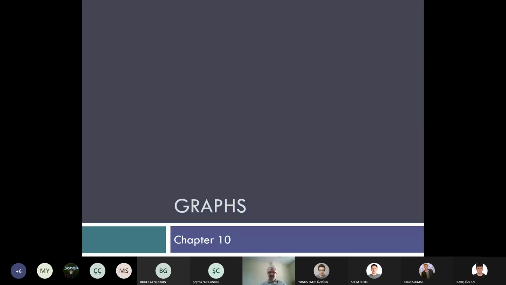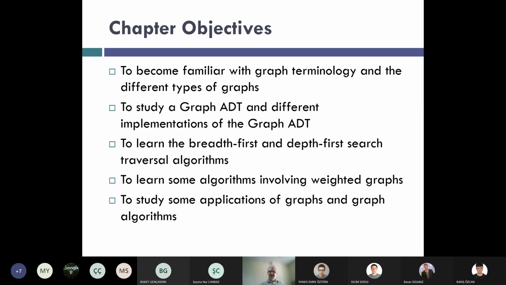Okay. We are at chapter 10, which is on graphs. In this chapter, we are going to talk about graph structure. Actually, you all know what a graph is, and several graph terms are familiar to you, but we are going to talk about them anyway in a little more detail.